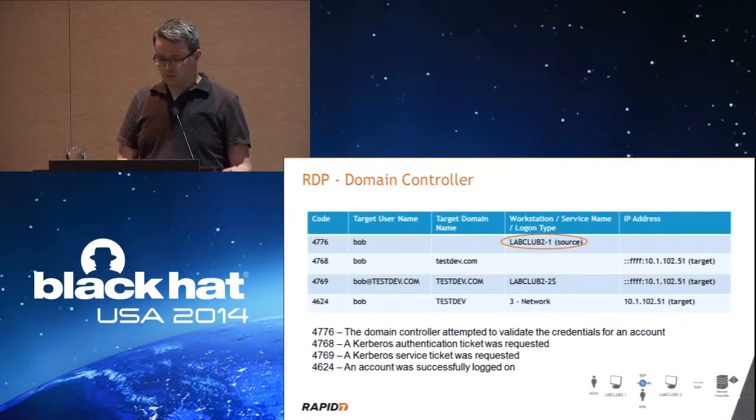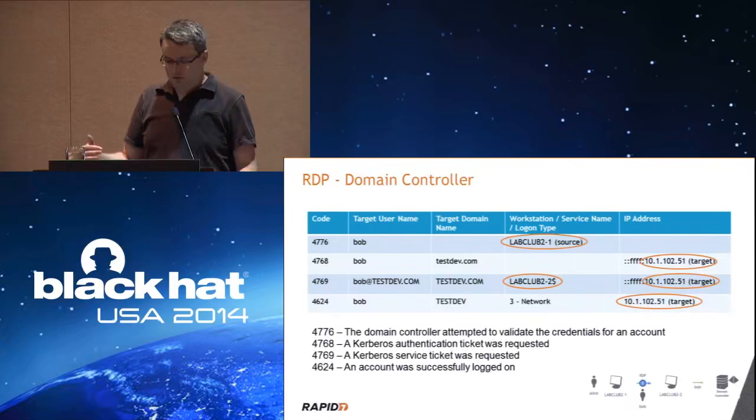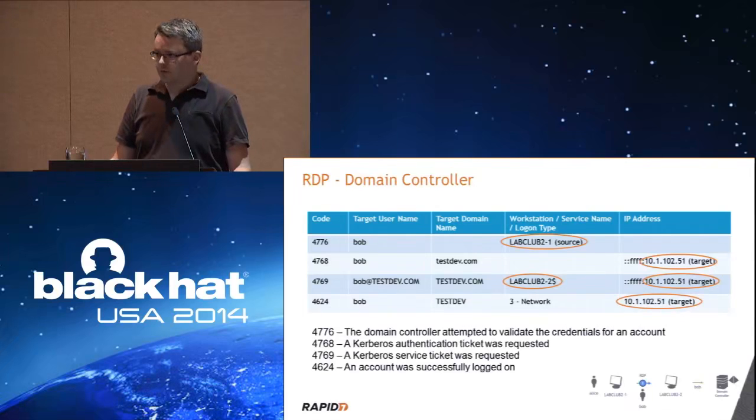We're logging in as Bob. We see that there are authentications to the target machine. We see the 4648s and 4769s, that's a mouthful, about the system that's actually being logged in. But if you notice in all the details here, there's no indication of Alice at all. Alice was the source user that's doing the impersonation.